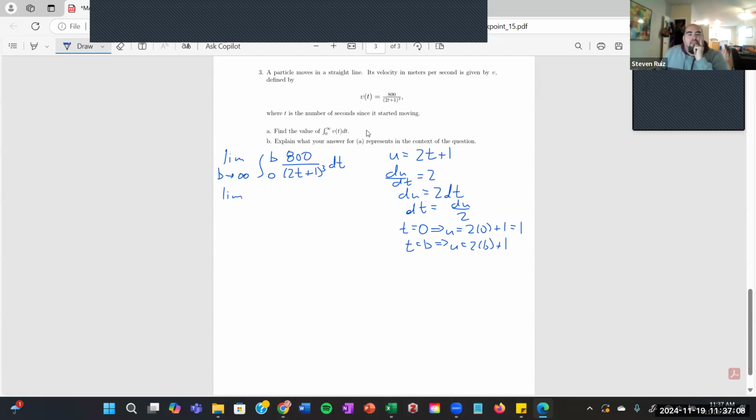So the limit as b approaches infinity becomes the integral from 1 to 2b plus 1 of 800 over u cubed times dt, which is du over 2.